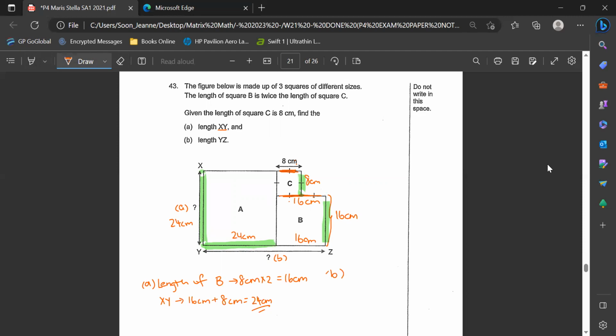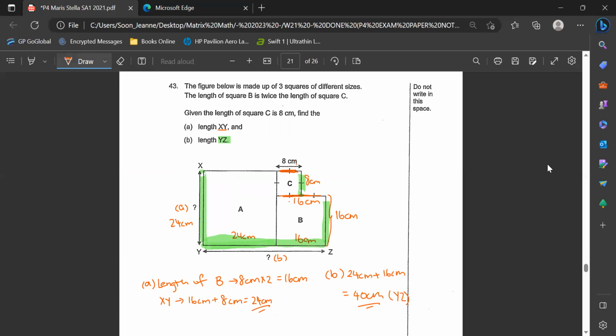So for B, you need to find out the length of YZ, which is this whole thing, which is question B. So we're just going to take 24 plus 16 cm. Your answer is 40 cm. Okay, that is for length YZ.